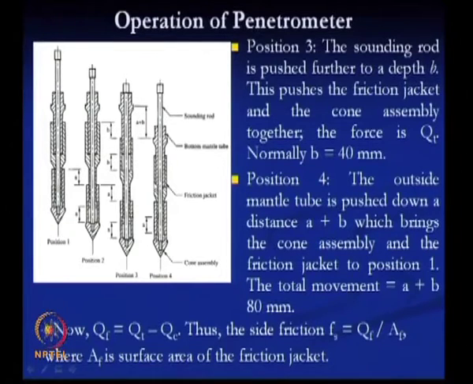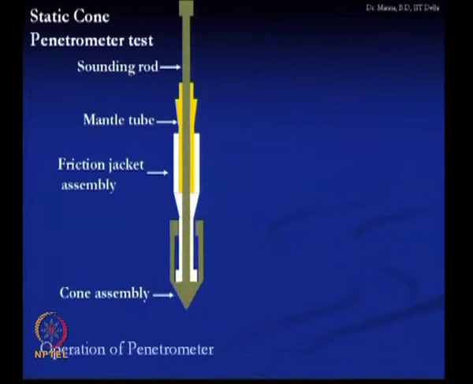By using this outside mantle tube, you bring the total cone and friction assembly to its original position, position 1. In this process we can determine the cone resistance as well as the friction resistance coming from the soil.